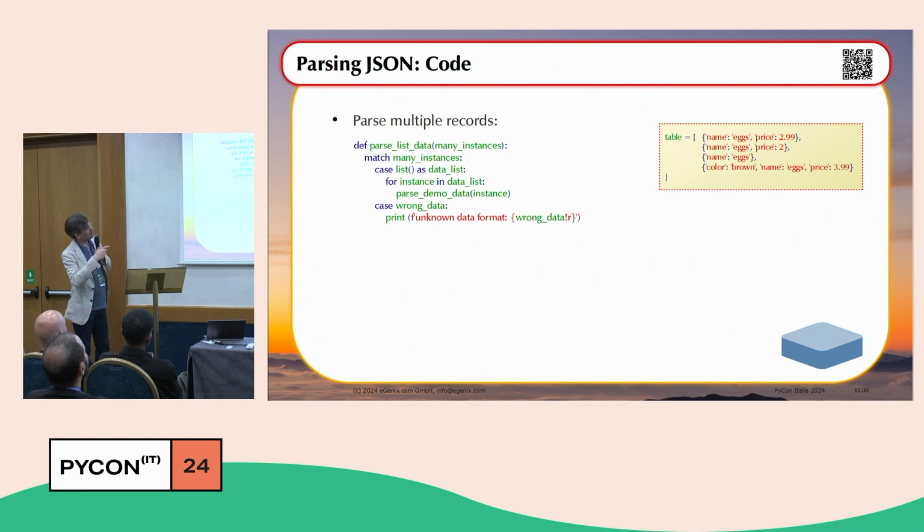If you want to match multiple of these records, then of course you should open up a new function, or you put the code into a different area of your application, and then say, OK, I have many instances, and those many instances should be a list. And then you go through that list, and you parse each of those entries using the function for parsing a single entry.